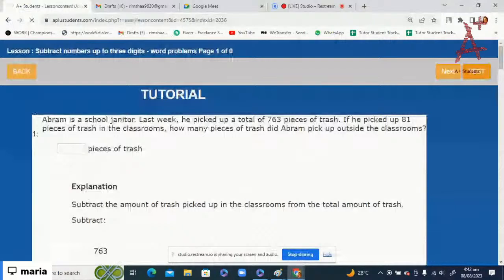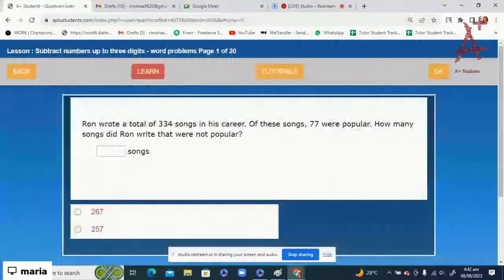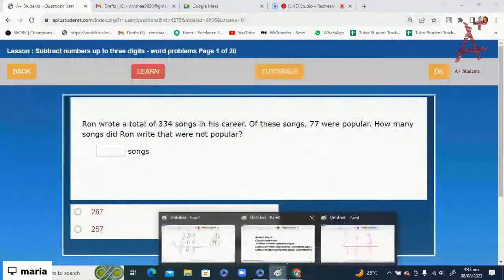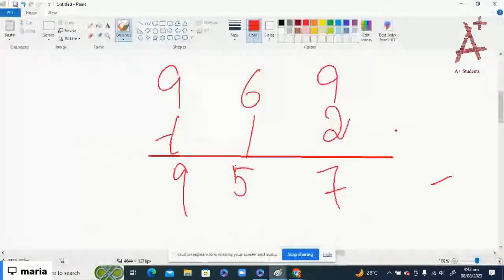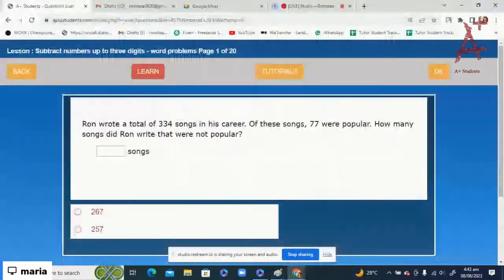It's a lot of songs, the total number is 334, but only 77 are the number of songs that were popular. How many songs did Ron write that were not popular?